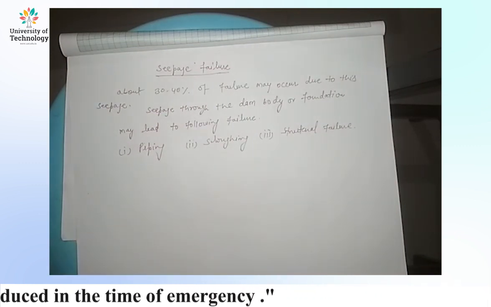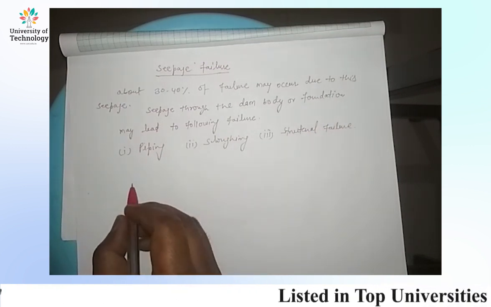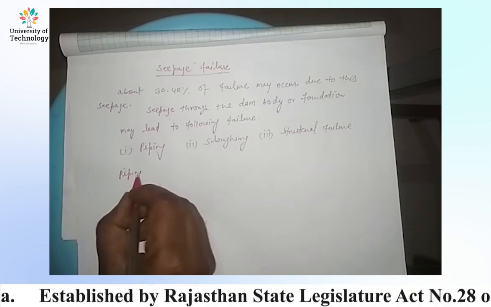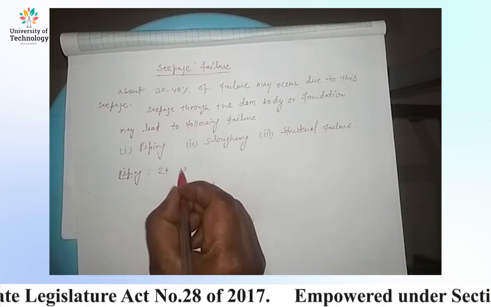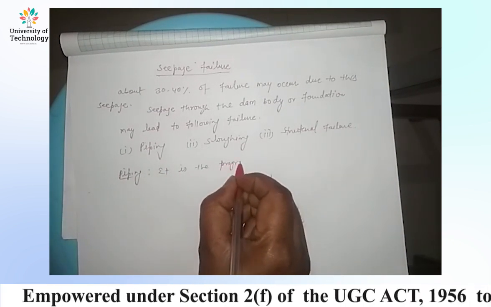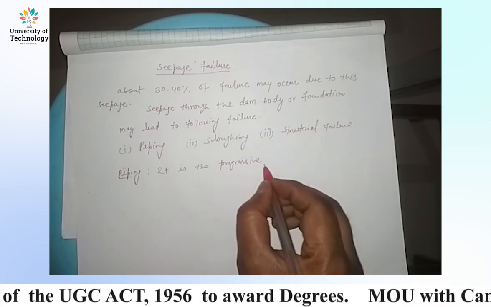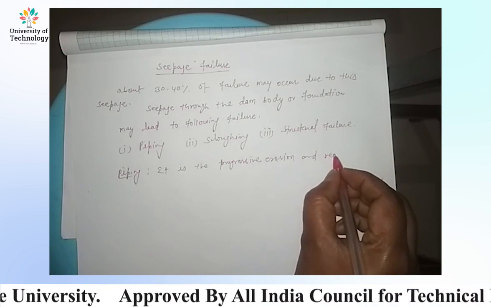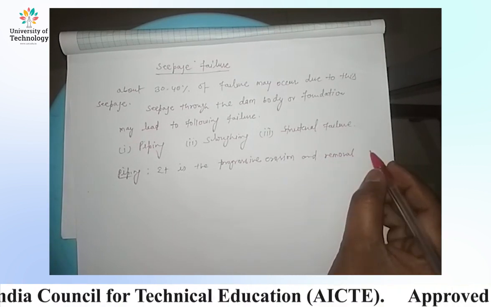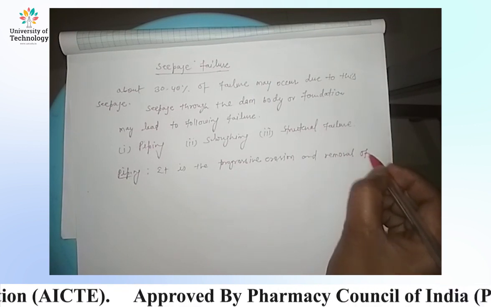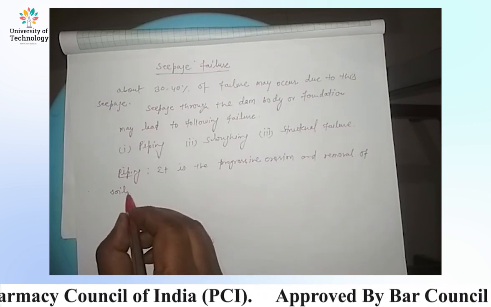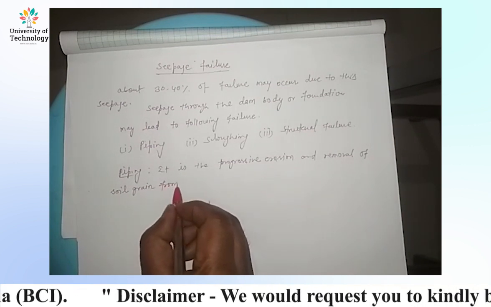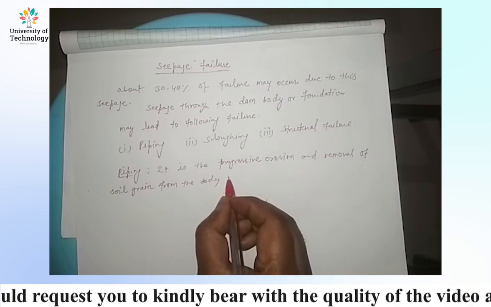Let us go through piping. So what is piping? Piping is the progressive erosion and removal of soil grain from the body or foundation of the dam.